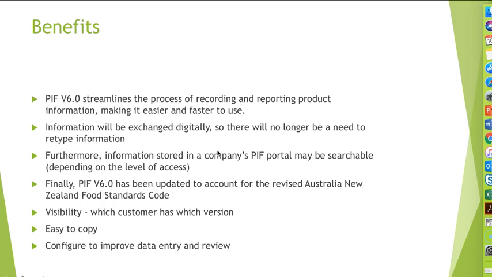One of the other things an online form should allow you to do is configure it. So if you have defaults, for example everything's organic, we'll attach your organic certification. If a section is not applicable to you, you can mark it not applicable and hide it. For data entry and review, when you send it to your customer, they'll see that the information was deemed not applicable.